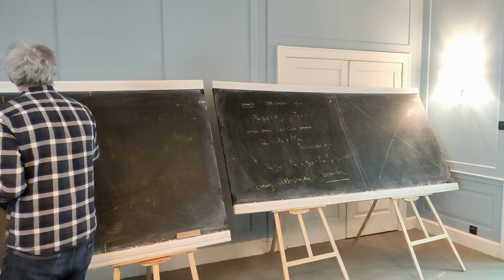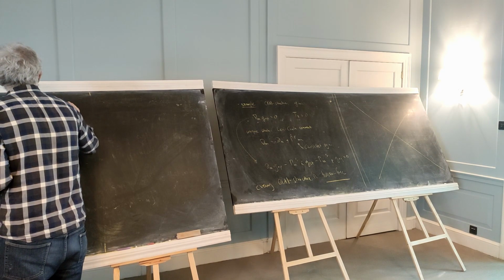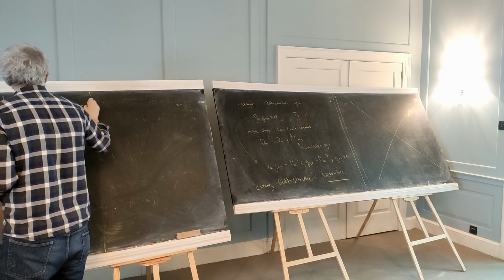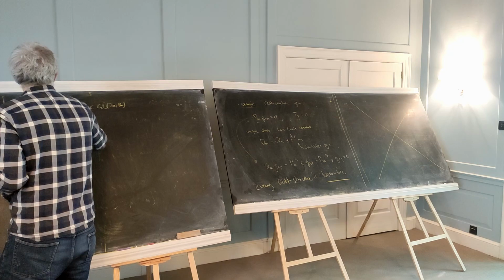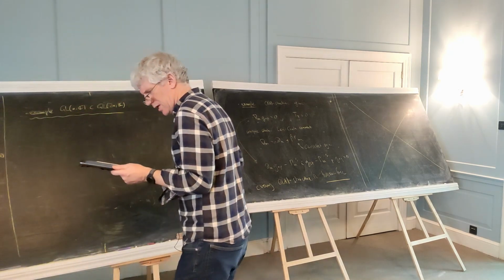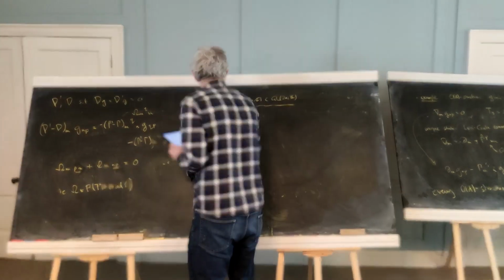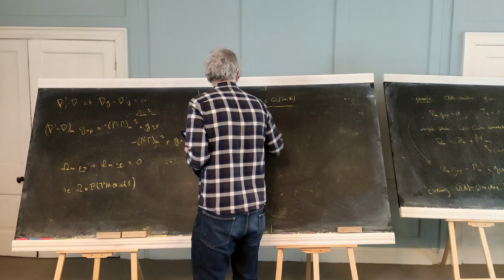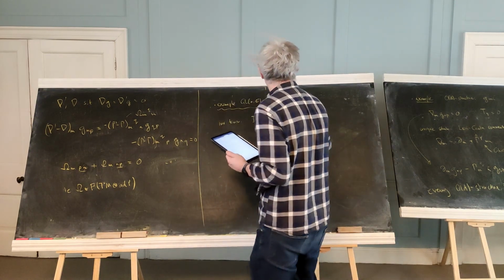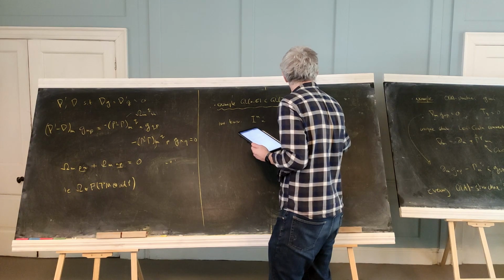So now let's do the example of GL(n,C) inside GL(2n,R). If you remember, the invariant tensor was this object I, this almost complex structure, which had the property that it squares to minus the identity.